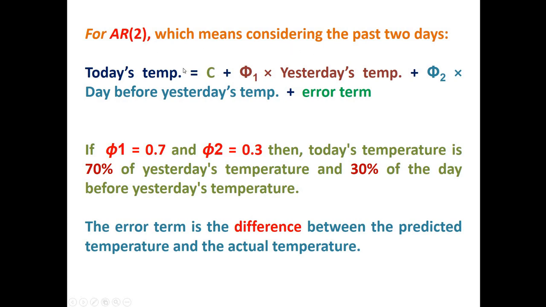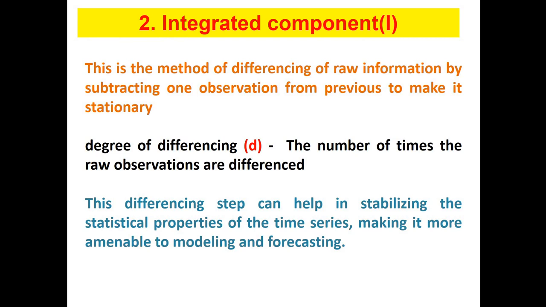So that means today's temperature is not only dependent on yesterday's temperature, but also on the day before yesterday's temperature. And phi1 and phi2 are the constants or weights. Now if phi1 is equal to 0.7 and phi2 is equal to 0.3, then today's temperature is 70% of yesterday's temperature and 30% of the day before yesterday's temperature. So this is how much influence each weight has on predicting the new value.